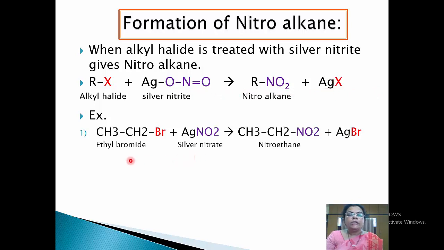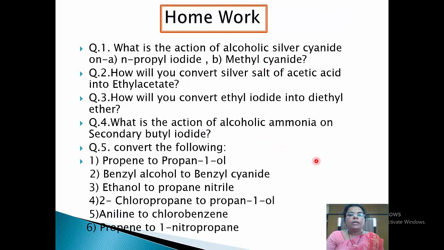Example: when ethyl bromide is treated with silver nitrite, it gives nitroethane plus silver bromide. The reaction is CH3CH2Br plus AgNO2 gives CH3CH2NO2 plus AgBr. Here we have completed all the substitution reactions of alkyl halides.